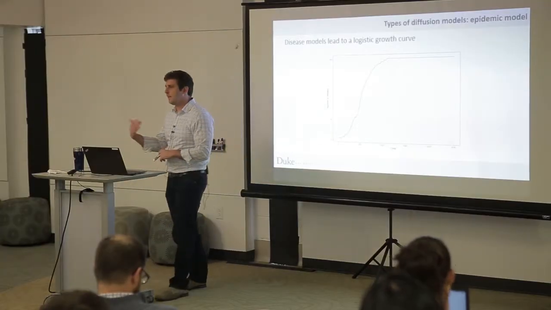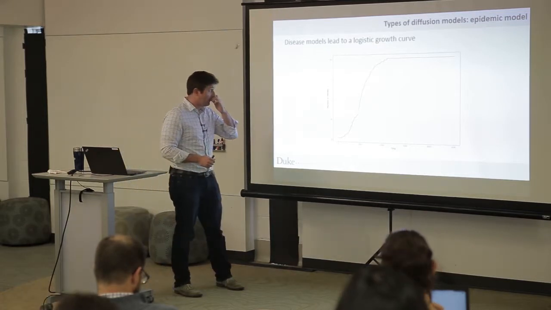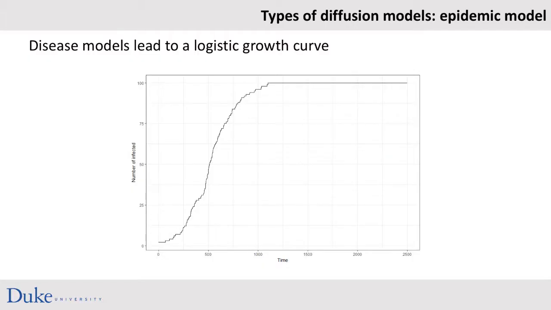So anytime you have a disease spreading, that will lead to what we'll call a logistic growth curve, or an S-shaped curve. It's a characteristic shape of one of these things. It's a necessary outcome of growth in a constrained population. So if this is the number of people who have the flu, and actually let's say it's the chickenpox.